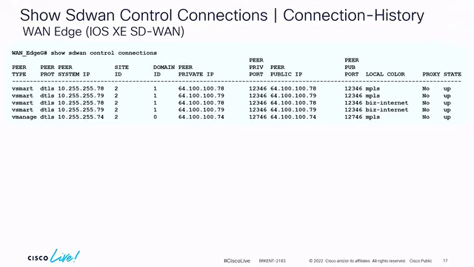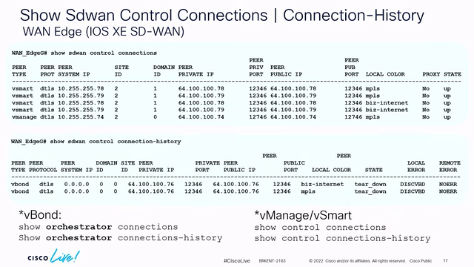Following this is another good command. If we see that we don't have these control connections there, we can go a little bit deeper and look at the show sdwan control connection history, right? If connections aren't forming, we can come down to that history command and see if there are any errors that have been generated.